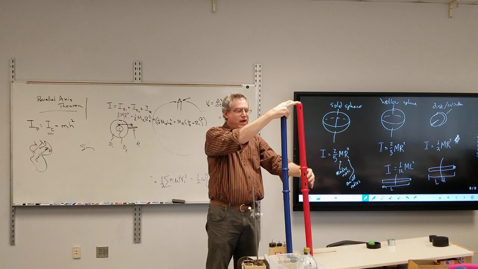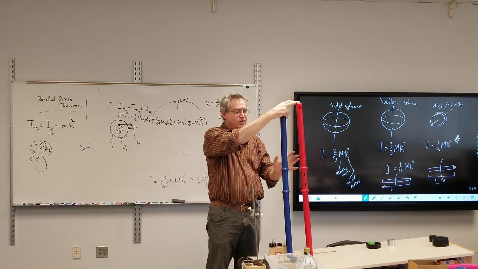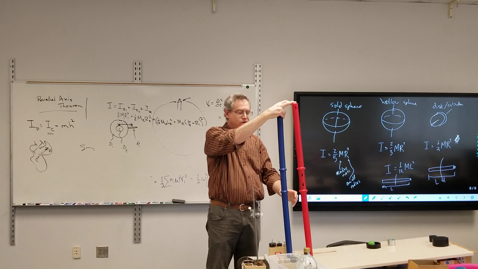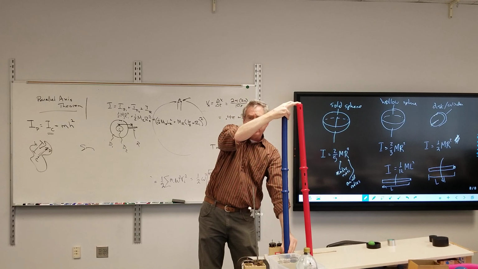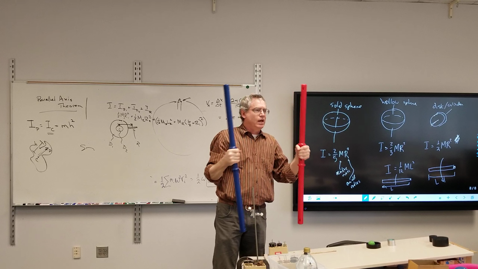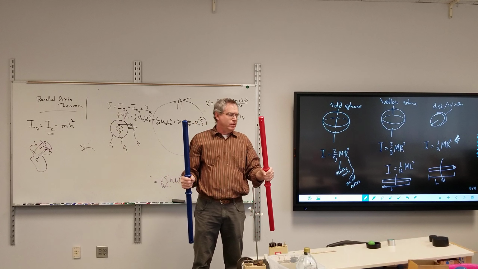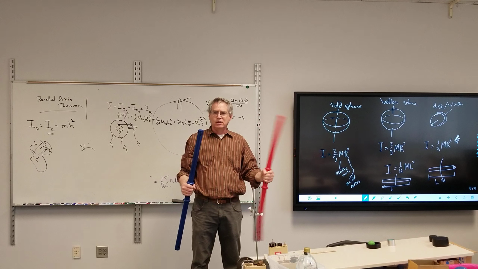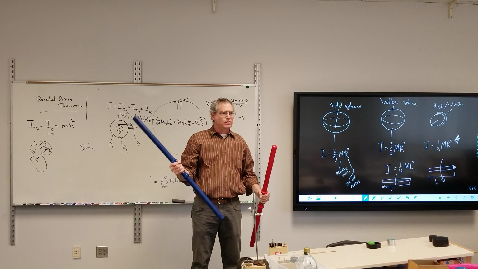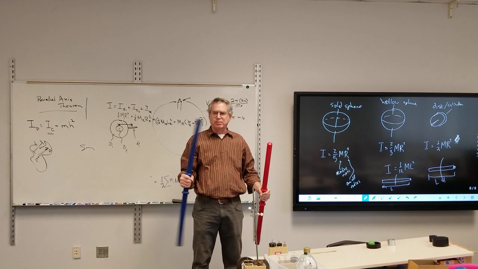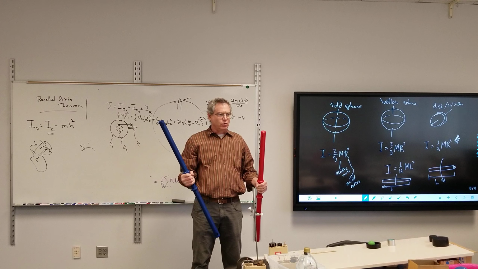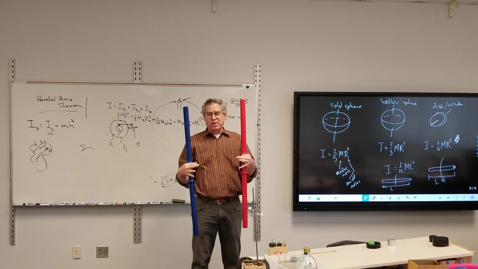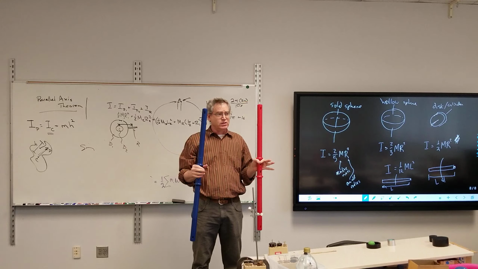So there's additional mass put into it. It's the same mass in the red stick, the mass is here. In the blue mass, the mass is spread farther apart. As I try to whip them back and forth, the red one with the mass closer to the center is much easier to get moving. The blue one, much harder to start, much harder to stop. So the entire mass does not matter, it's how the mass is distributed within each object.